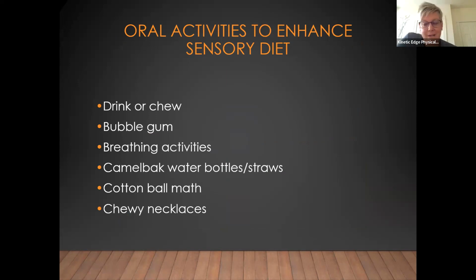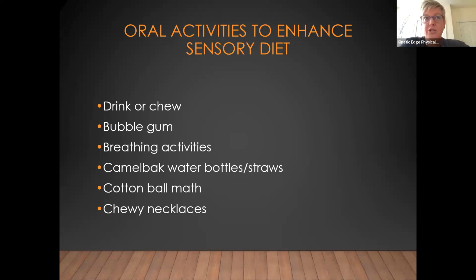Again, if you are allowed to have water bottles, especially with straws. I listed the Camelback water bottle. I love that one because it has a nice big mouthpiece and they can bite and suck at the same time. So that can be really helpful.